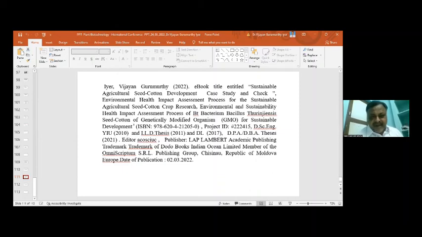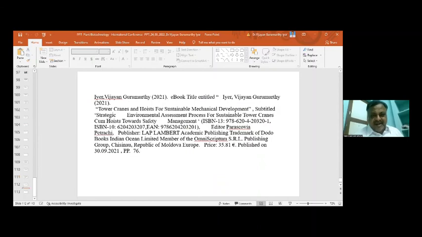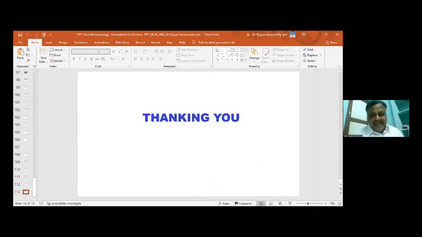That is a development that meets the needs of the present generation, that is a 30 year period, without compromising the ability and efficiency of future generations to meet their own needs. So with this I thank the organizers of Magnus for providing me an opportunity, and thank you very much.